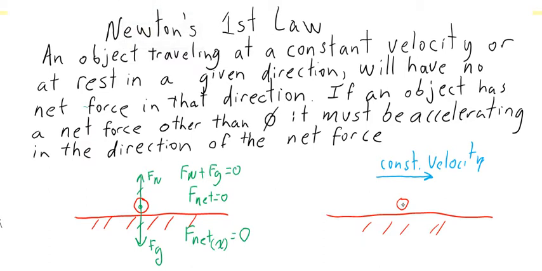Of course, we still have the force of gravity, which is the same as saying the weight of the ball, Fg, and force normal, and they're equal and opposite. So forces in the y direction add up to 0, so the ball's not accelerating up or down. And as long as it's moving at a constant velocity, we must assume there's no friction, and therefore there's no acceleration on the ball in the x direction either.